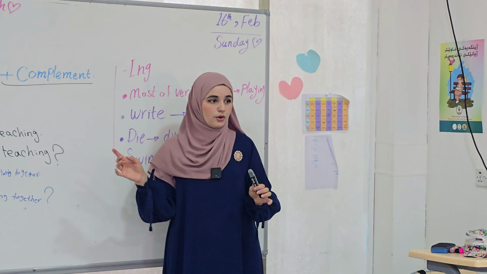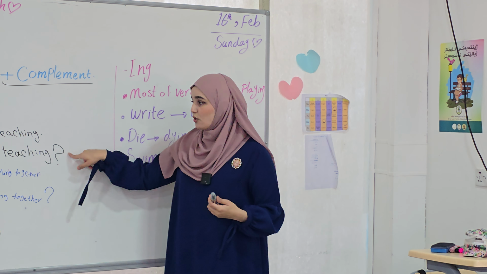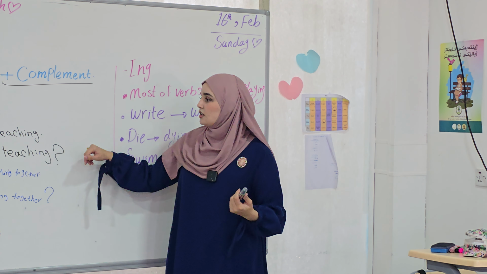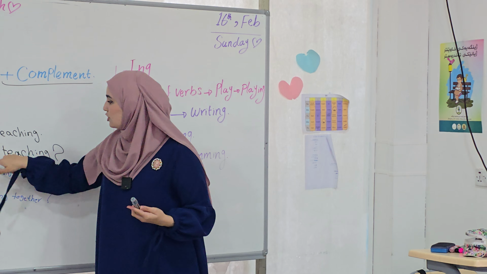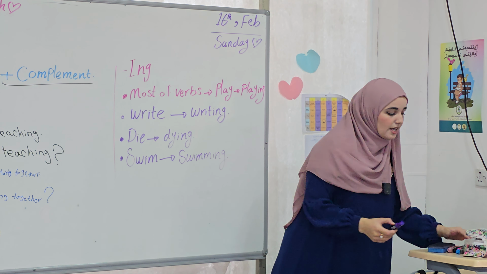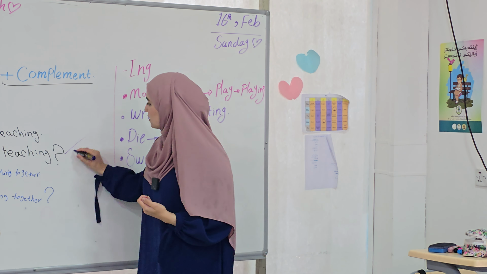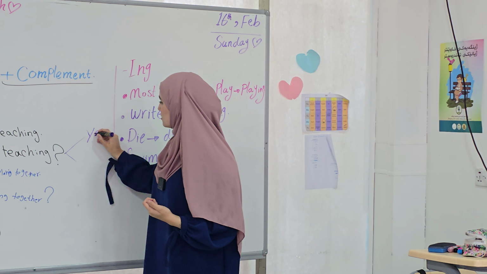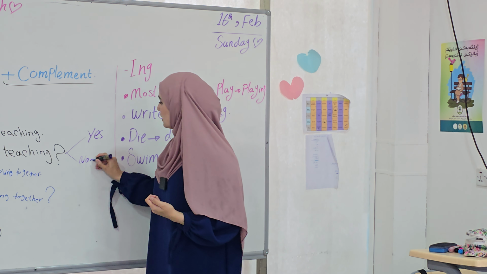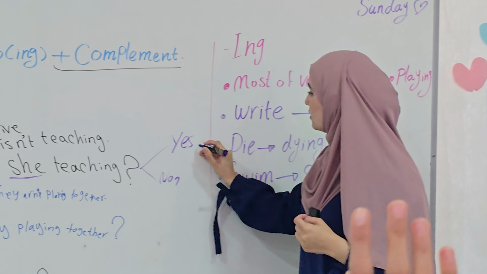It's clear now, okay? And now let's see how we answer these questions. The first one, when it says, is she teaching? We have two answers, right? I can say yes or no, right? Of course, these questions, we can answer them like this. Yes, then we write this pronoun.